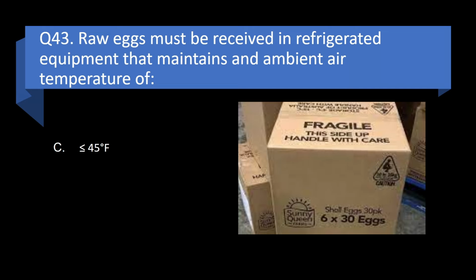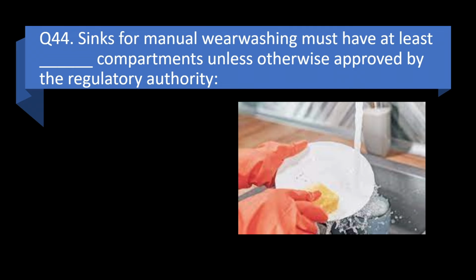C. Less than or equal to 45 degrees Fahrenheit. Question 44. Sinks for manual warewashing must have at least blank compartments unless otherwise approved by the regulatory authority. 2, 3, 4, or 5. B. 3.